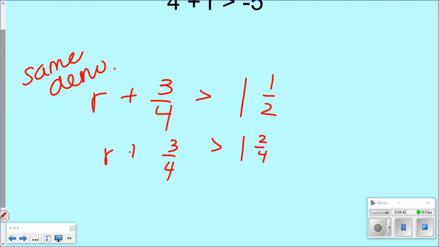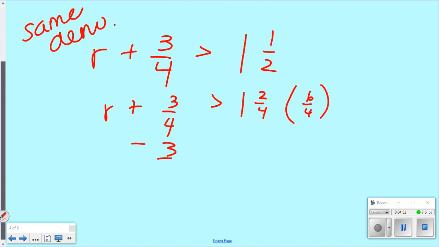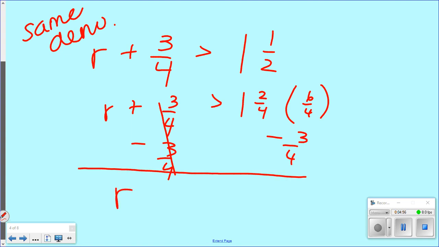I'm just going to rewrite it. And if you want to, you can make this an improper fraction, so it would be 6/4. And I'm going to minus 3/4. So the r is greater than, what would this be? 3/4, yep. So make sure if you have fractions, you have the same denominator when you're adding or subtracting. Multiplying, dividing, it doesn't matter. But I know there are a few in here that have fractions, so I'm going to make sure that you know how to do those.